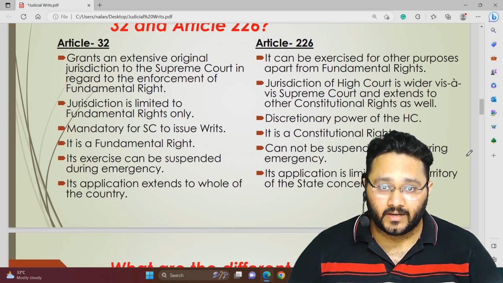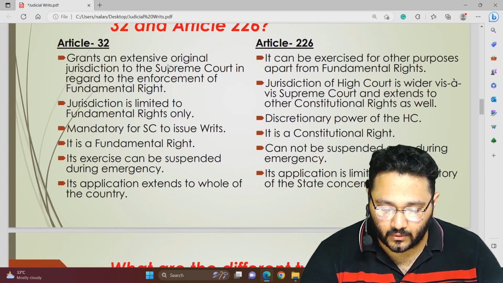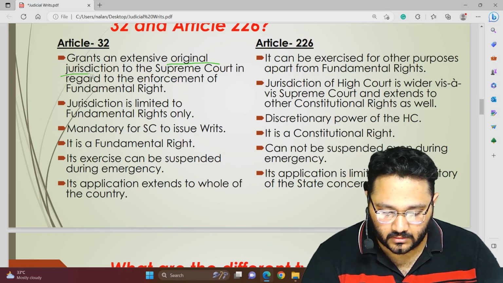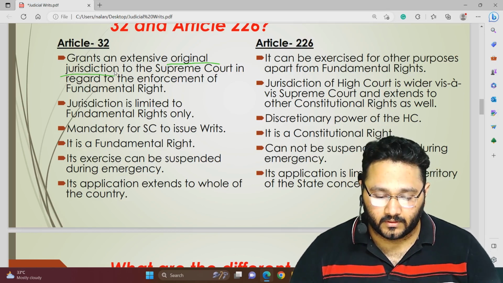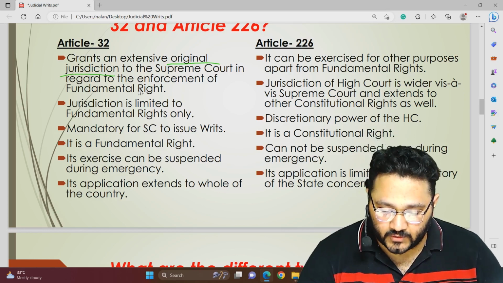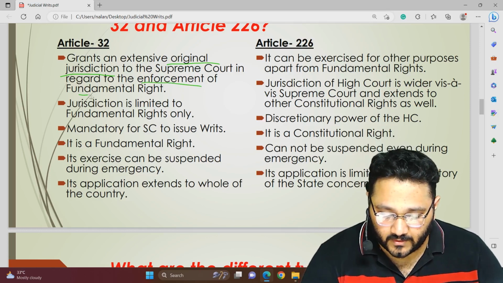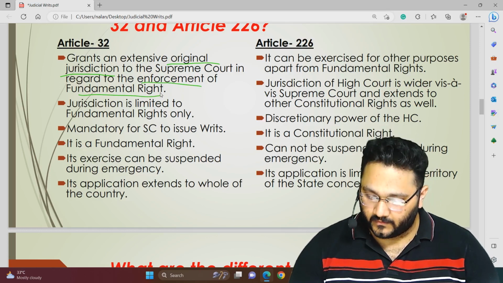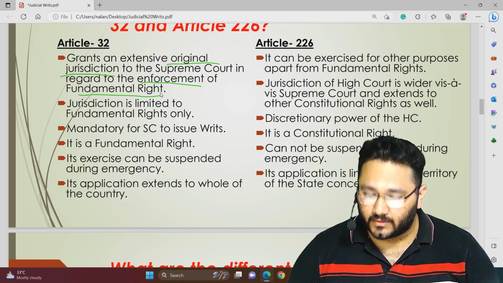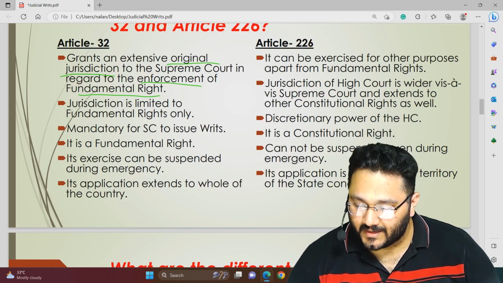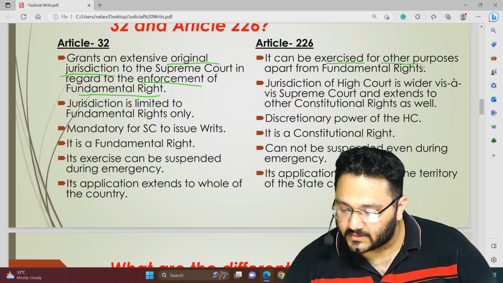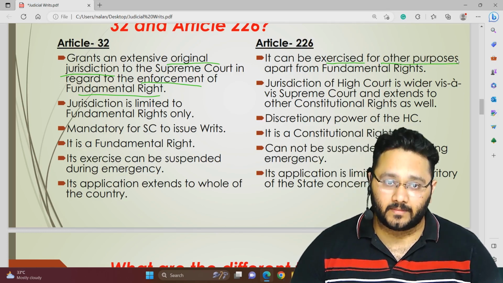Article 32, it grants an extensive original jurisdiction to the Supreme Court in regard to the enforcement of the fundamental right, whereas under Article 226, it can be exercised for other purposes also apart from fundamental right.